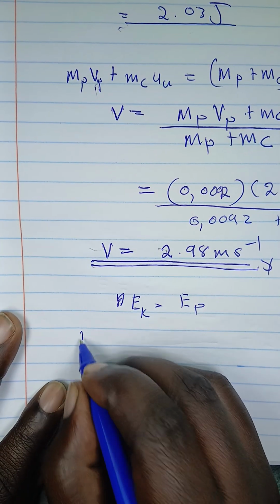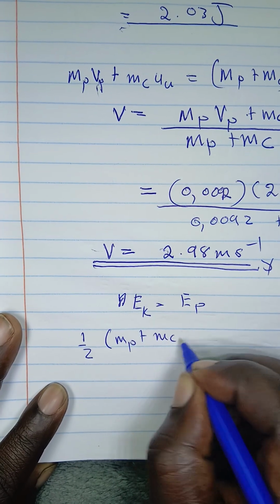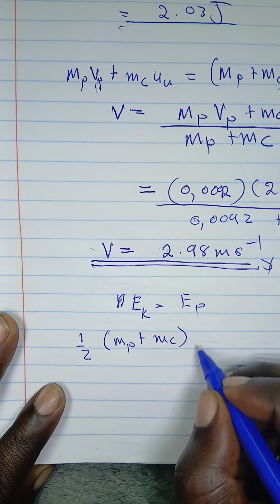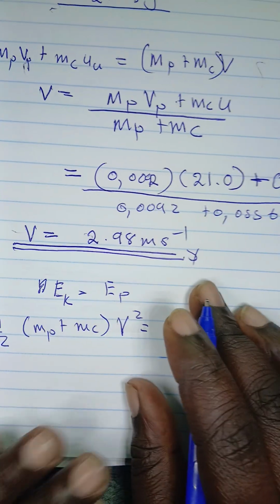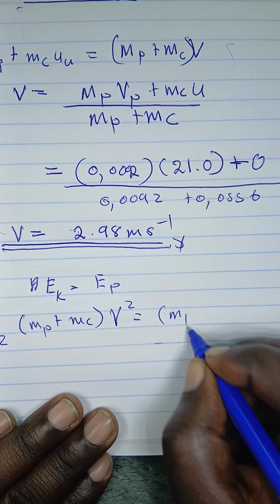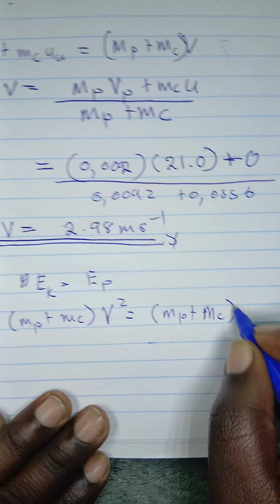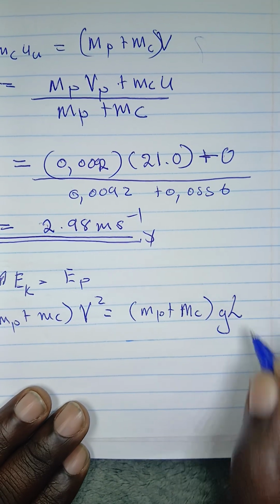So EK is half (mp plus mc) V squared, is equal to mgh, which is the combined mass times g times height.